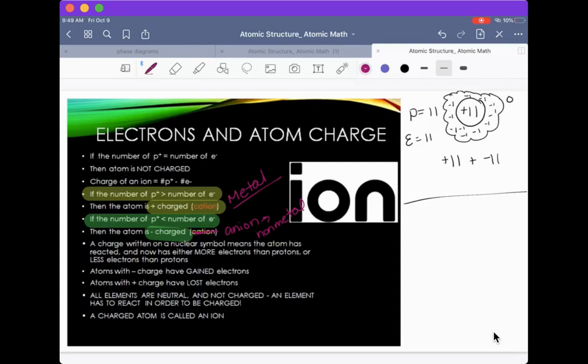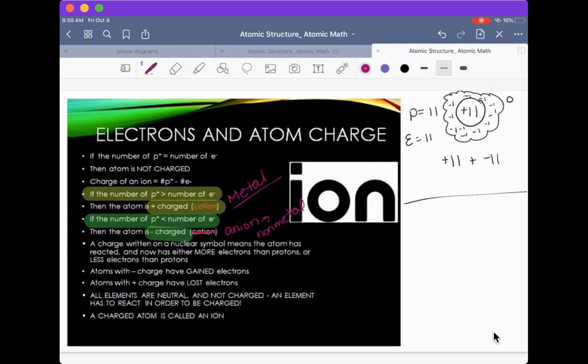This happens from chemical reactions. Atoms that are negatively charged have actually gained electrons, because they have more electrons than what's housed in the positively charged nucleus. If you have a positively charged ion, you've actually lost electrons. You have fewer electrons floating around than the positive charge in the nucleus.